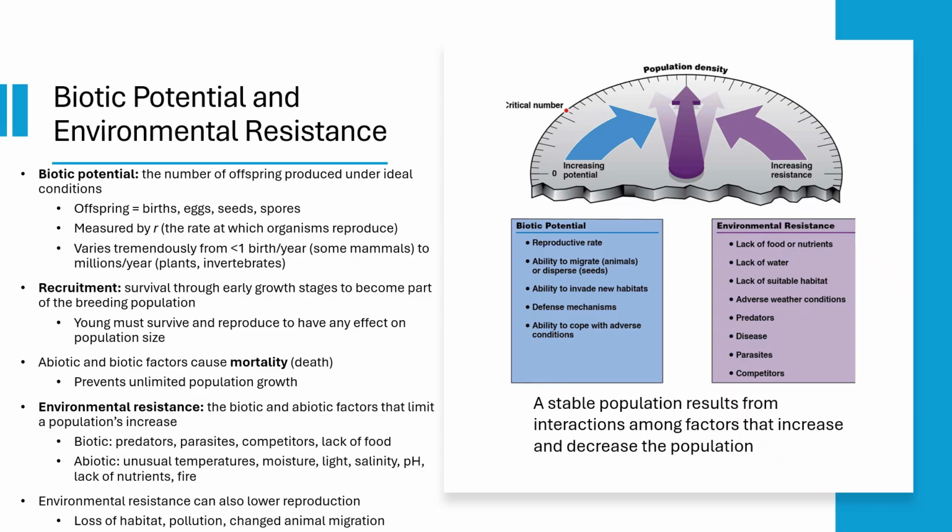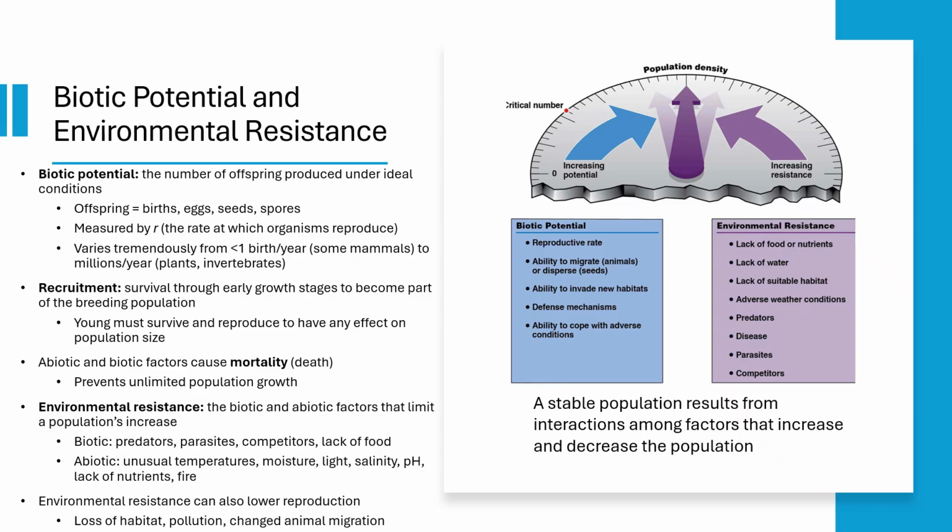Those factors are part of what we call the environmental resistance. It's anything in the environment, again biotic or abiotic, that can limit the population increase in numbers. So again, this can be anything biotic: predators, parasites, lack of food, or abiotic: change in temperature, change in light, change in salinity.